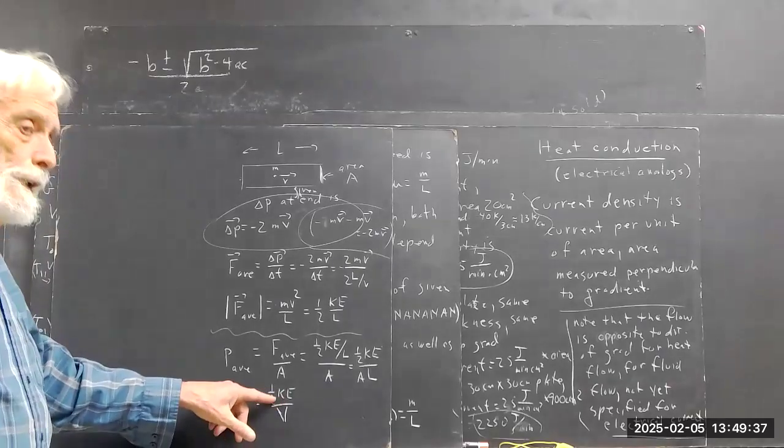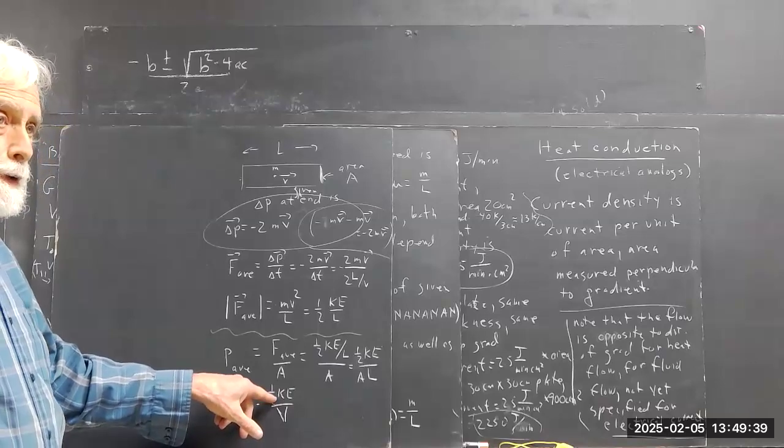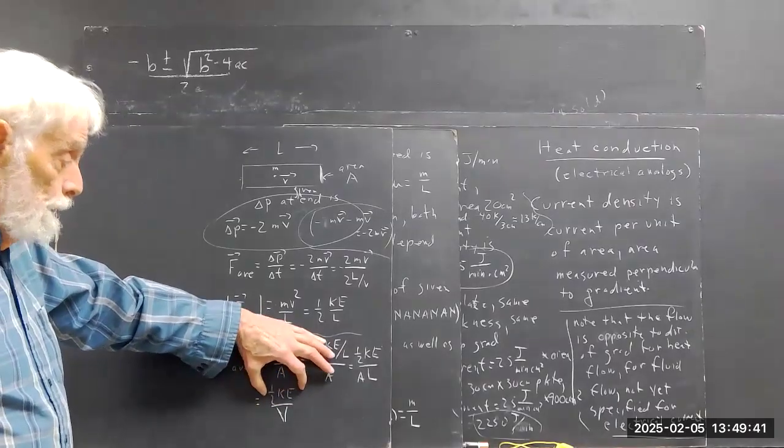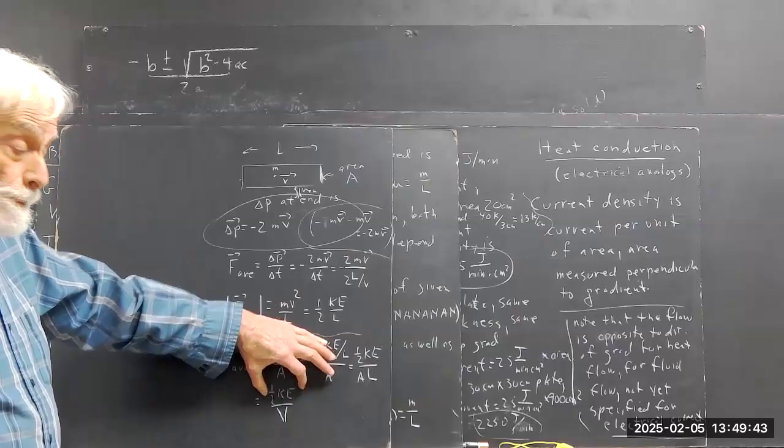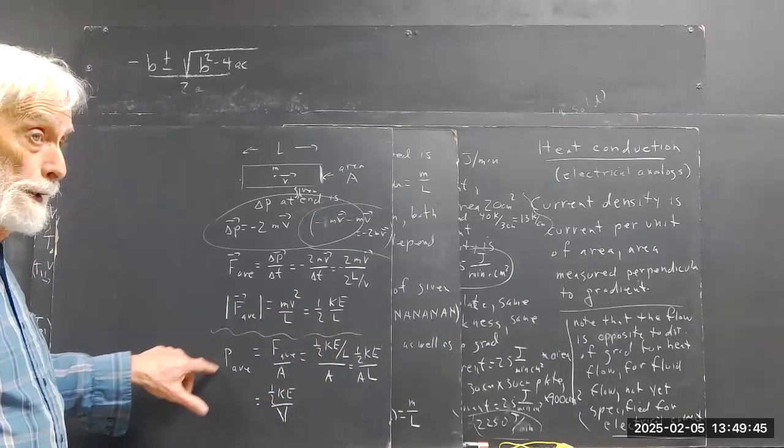Because the kinetic energy of the molecules is what determines temperature. This is just directly related to temperature. Then you multiply both sides by V and you got PV.